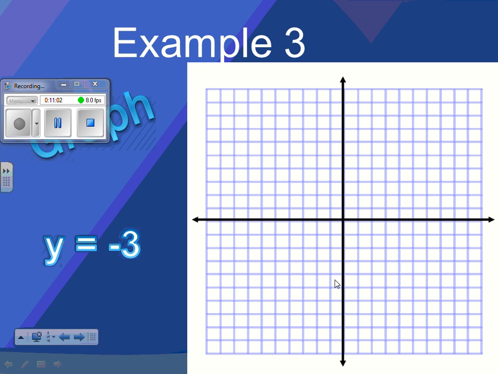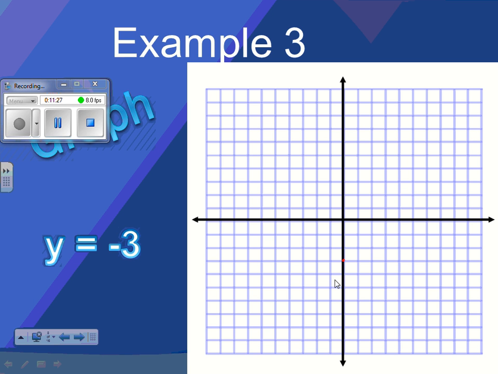All right, so we'll make this example 3. Just graph a couple of these. First thing you do is you go to where y is -3. Now you got to think direction and you got to think variable. Where is y -3? Is that up, down, right, or left? Down 3.